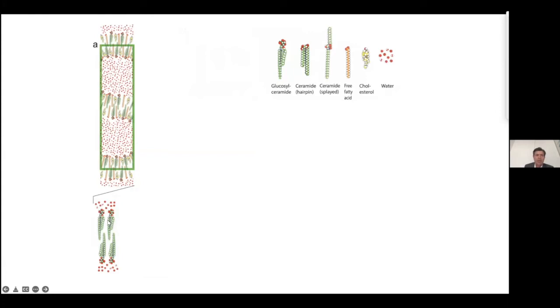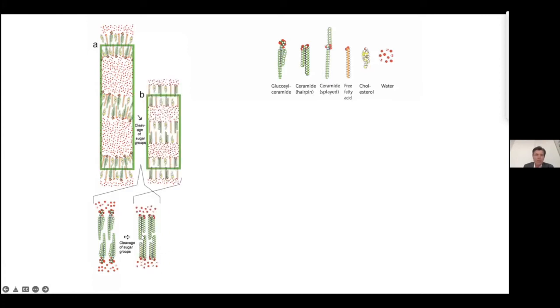So what happens here at the interface between the stratum granulosum and the stratum corneum in the extracellular space is that there is an enzyme called glucosylceramidase, which cuts glucose groups or sugar groups from the glycosylceramides. They cut the heads off them and form ceramides instead. And this means that the molecules become much less hydrophilic, because in a glycosylceramide it is the sugar groups that bind the water.